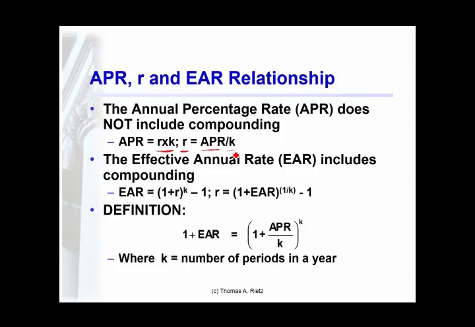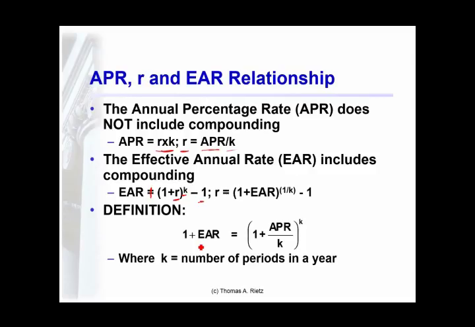Now, what we do for the effective annual rate, the yield or the compounded rate, is we take that interest rate we get per period, pretend like we invest $1 for exactly a year. If we do that, we'll have compounding on that $1 for a year for the number of periods in the year. If we subtract that dollar back out, we end up with the interest we earn over the course of a year. And we can go the other way.